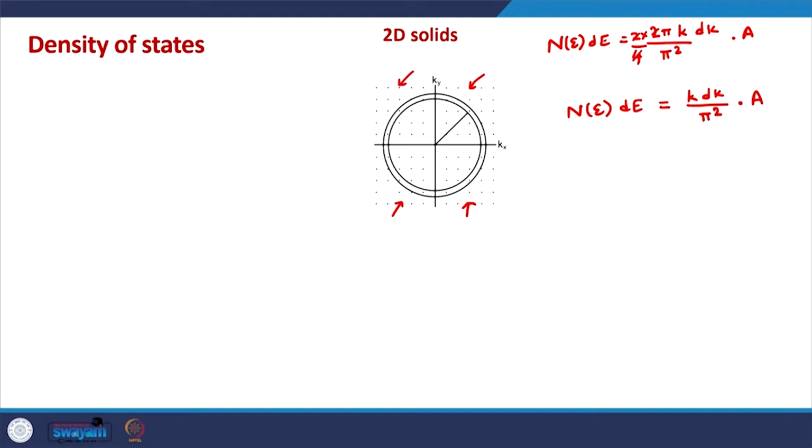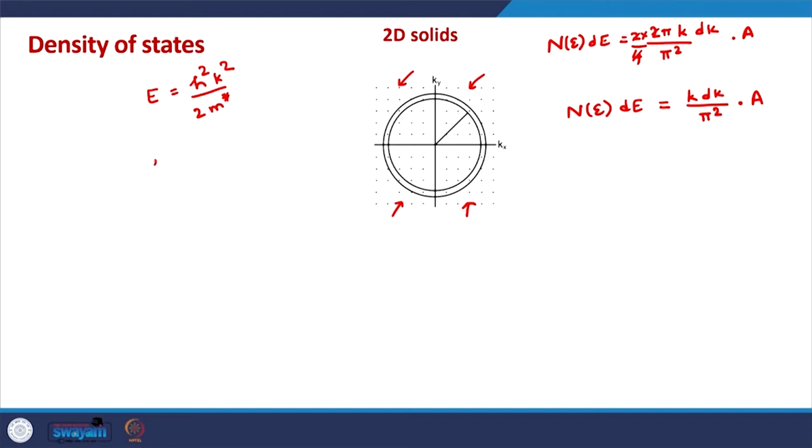Now, we go back to our E-k relationship, which looks like this: E equals h bar square k square divided by 2 m star.